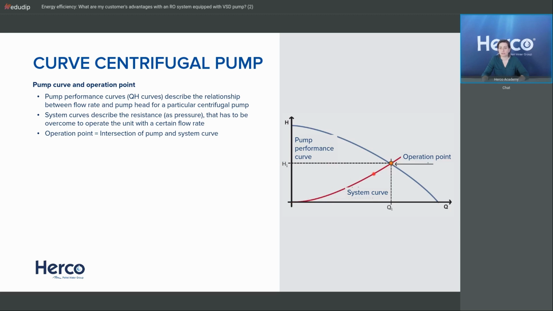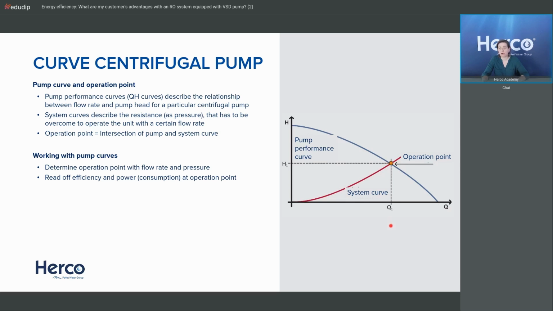The red part is the system curve. The system curve basically says the more flow I push through the system, my RO unit in this case, the more pressure or pump head I need to actually get through, of course, because the resistance increases. So the system curve would start from 0 and go up. And where the two curves intersect, that's the operation point, our yellow dot here.